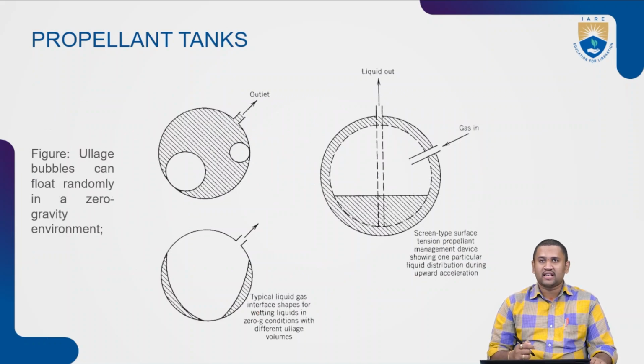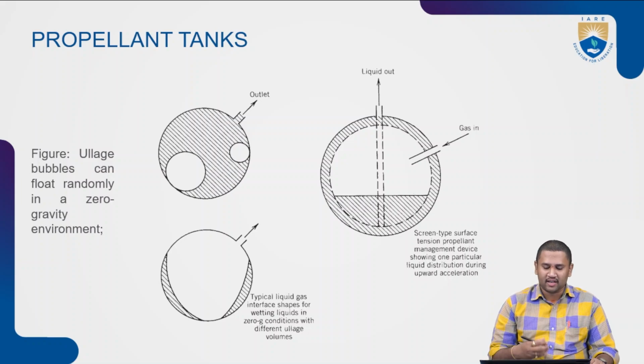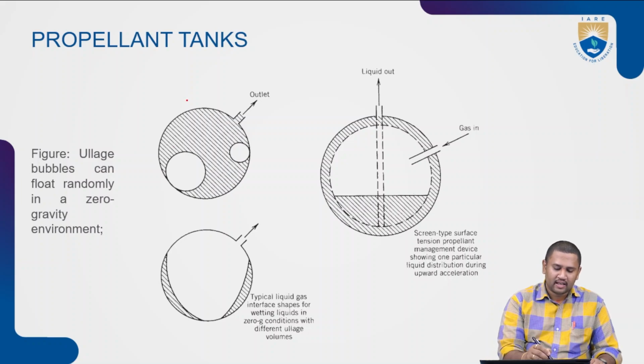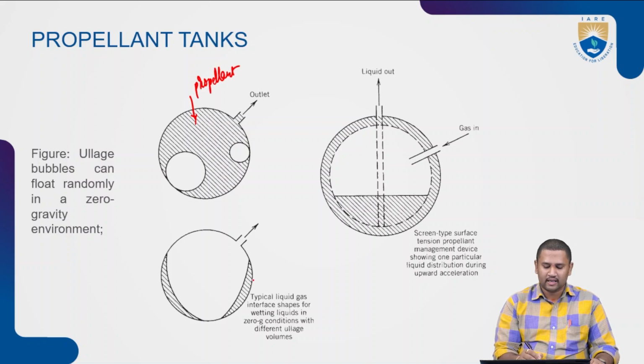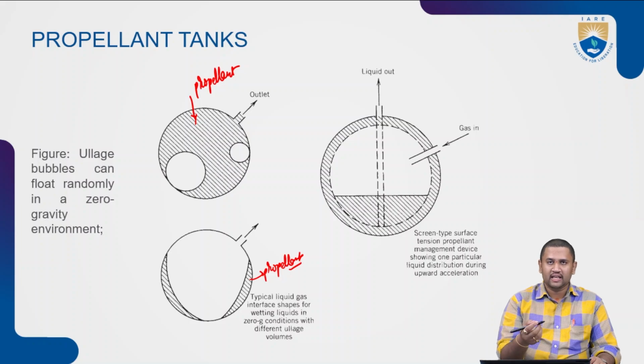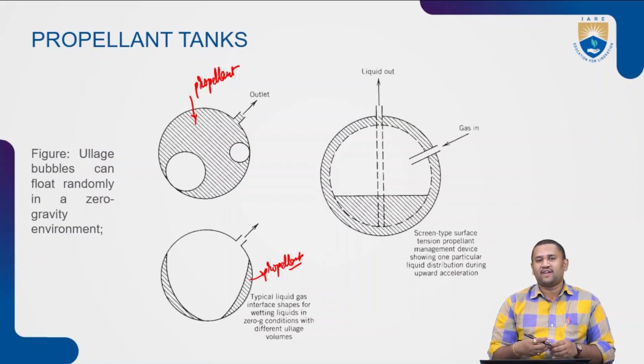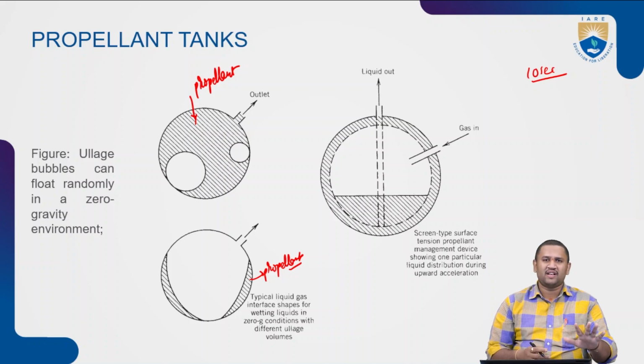Now, here is a small example of ullage bubbles that are randomly available in a zero gravity environment. What happens? This is my propellant. Initially, let's say after a 10-second period of flight in a zero G environment, the tank volume is around 70 to 80%.